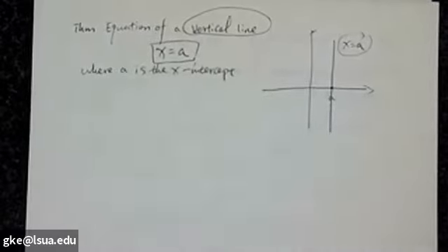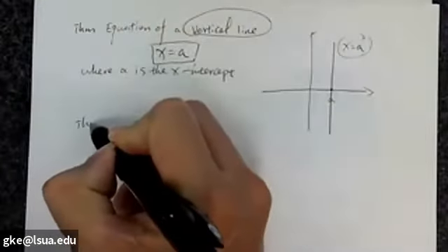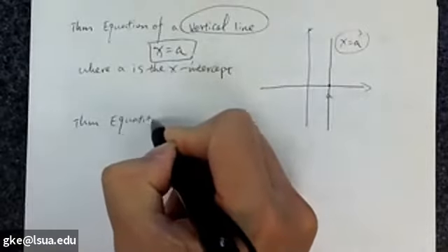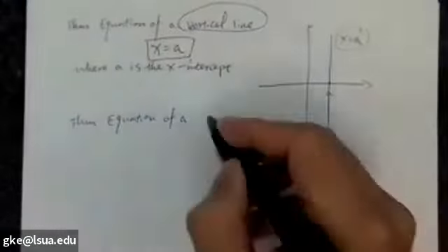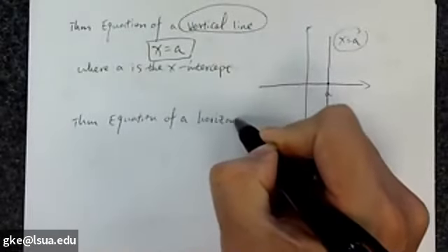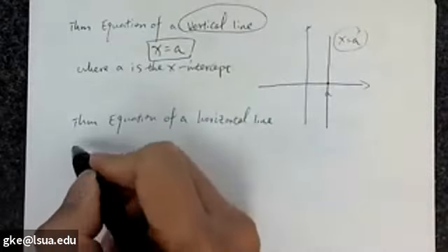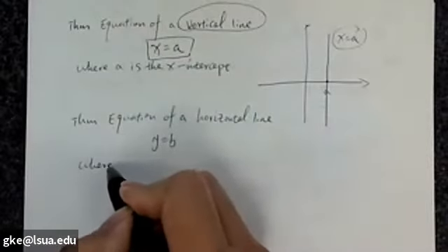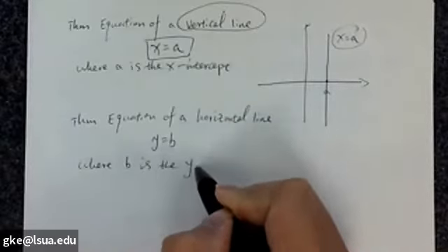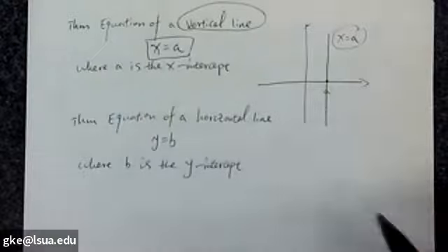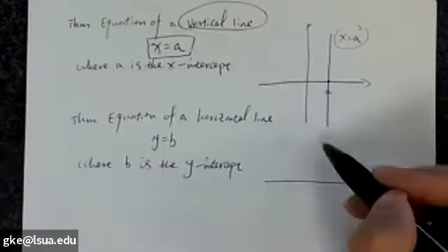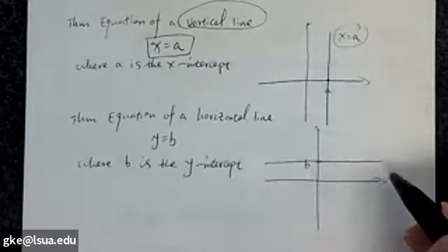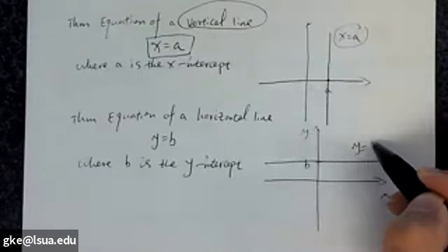Theorem. Equation of a horizontal line: y equals b, where b is the y-intercept.